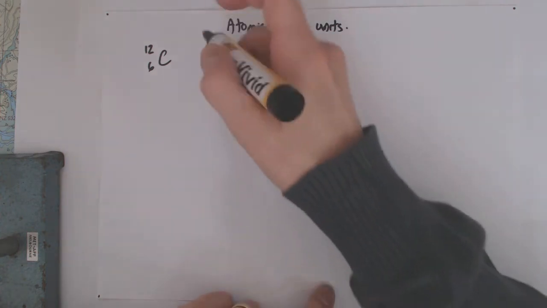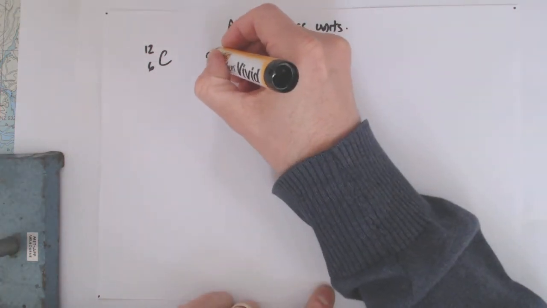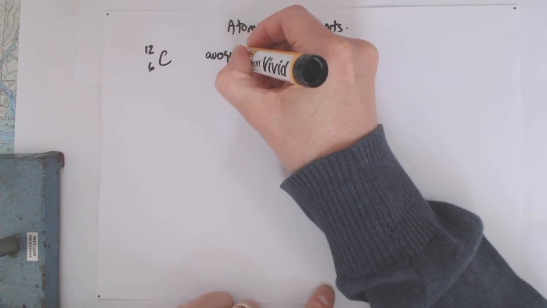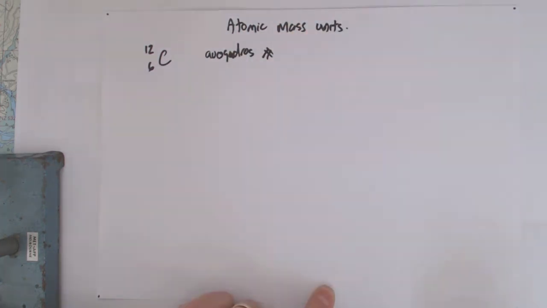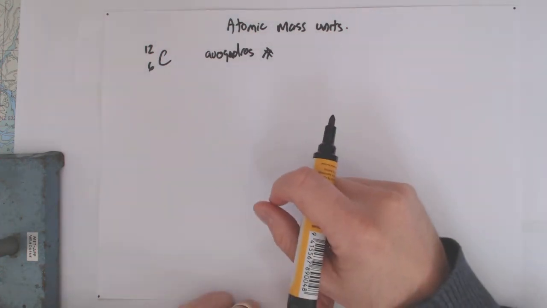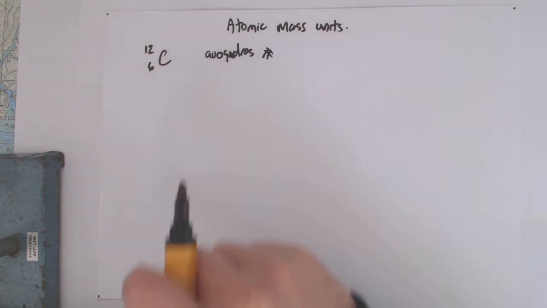And I think you probably know with Avogadro's number that if you've got Avogadro's number of atoms, then you'll get that atomic mass. So Avogadro's number of carbon-12s will give you the 12 grams.